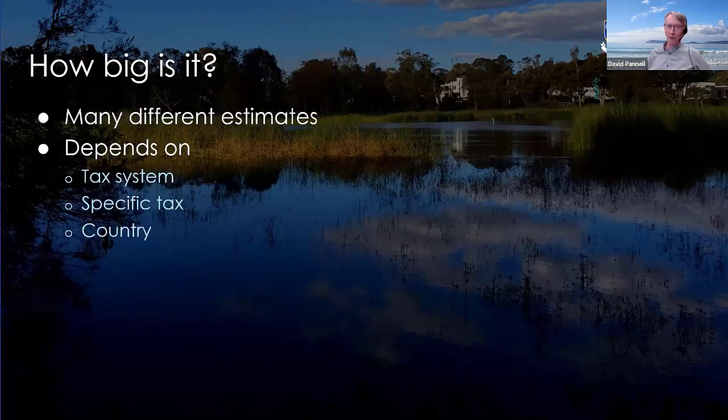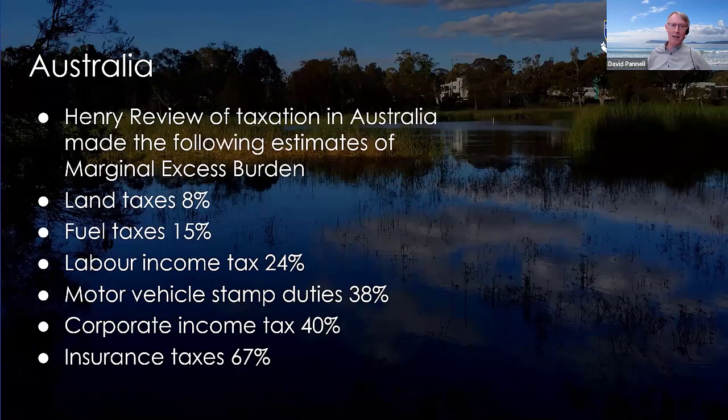How big is it? Well, there are lots of different estimates being made. It depends on the tax system, it depends on the specific type of tax, and it depends on the country where these estimates are being made. In Australia, we had a review of the tax system quite a while ago now, but it's the last time I saw a substantial review of excess burden numbers. So the Henry Review looked at the marginal excess burden of taxation for a variety of different sorts of tax.